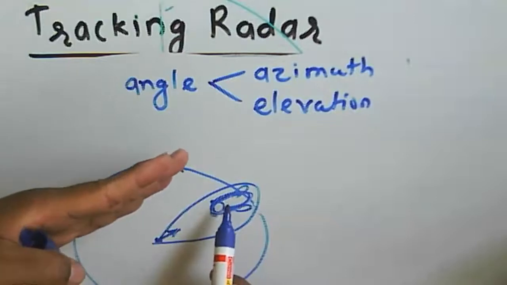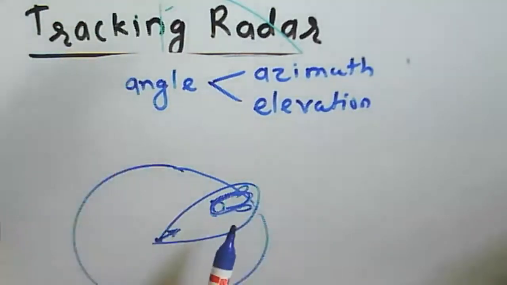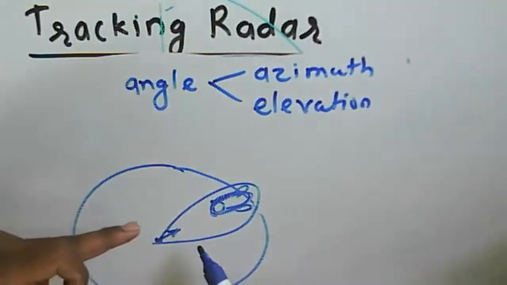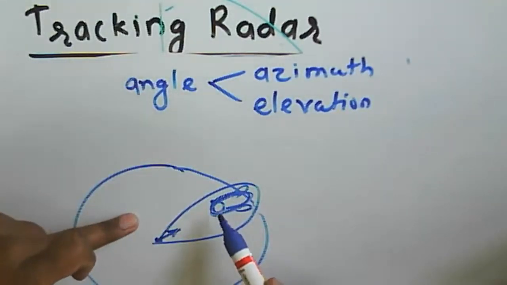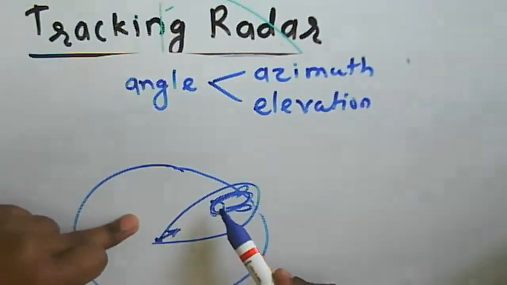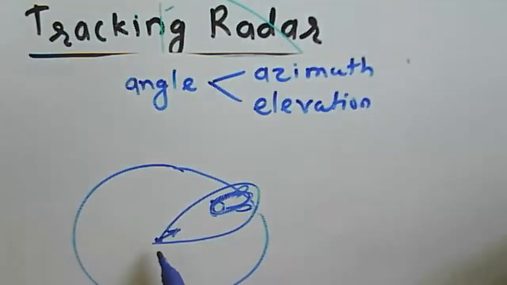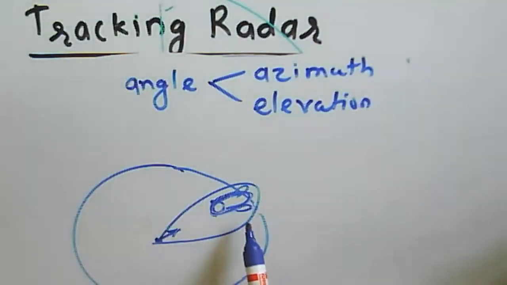Suppose this target is moving in this direction, so the beam is to be rotated. Once we lock this particular position and the motion of this moving target, then the antenna is to be rotated as per the motion of the movement.